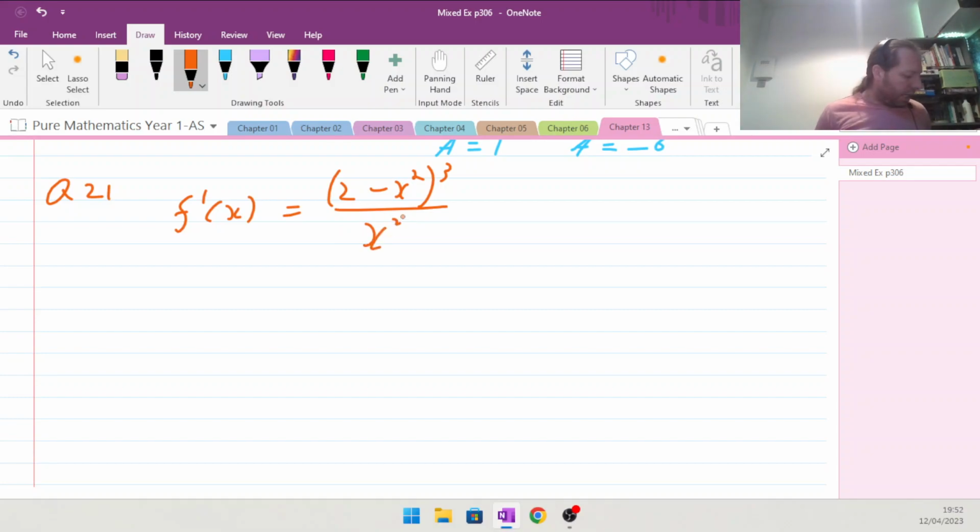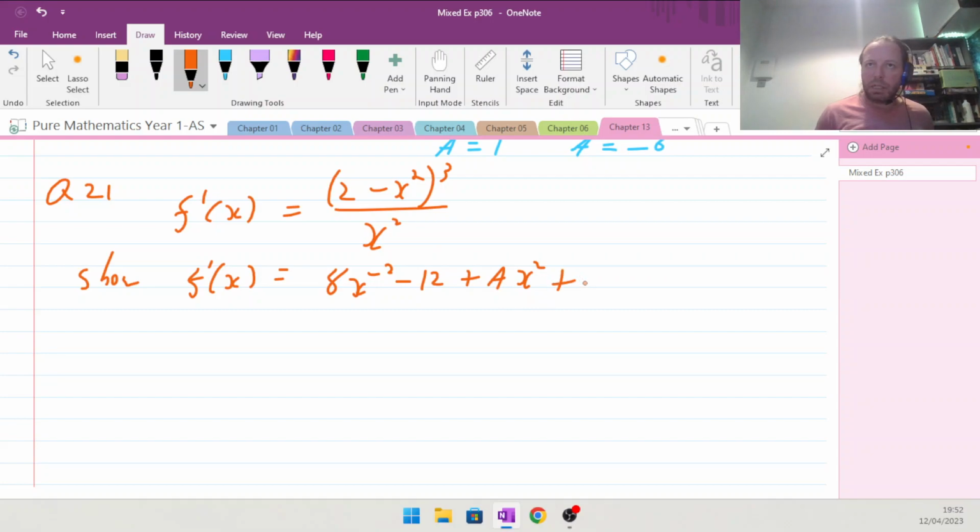And they've got a, show that f dash x is equal to 8x to the minus 2 minus 12 plus ax squared plus bx to the 4, where a and b are constants to be found.